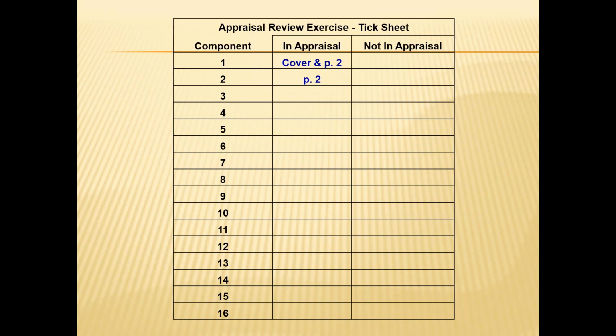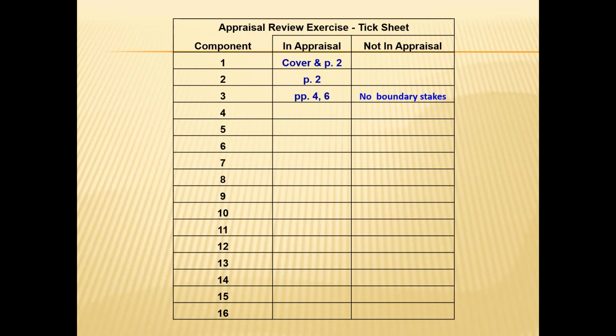Towards the end of the second paragraph, which begins, the site is developed in a single-story structure: all 4 boundaries are open and no boundary stakes were evident. That lets us know that they did not locate any boundary stakes on this particular property. You see that? Yes, sir. So not in the appraisal, no boundary stakes. We just put a note, no boundary stakes, and our reference will be pages 4 and 6.